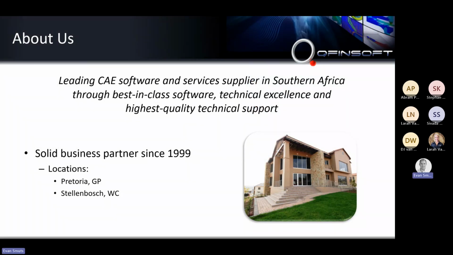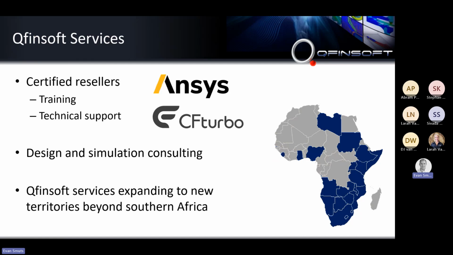So we at QFinsoft have been around for 25 years now. We feel we're the leading computer-aided engineering software provider within Southern Africa. Our head office is in Pretoria, and we also have a branch down in the Western Cape in Stellenbosch, where myself and Lara are located. Our main business is servicing and supporting the Ansys suite of software.